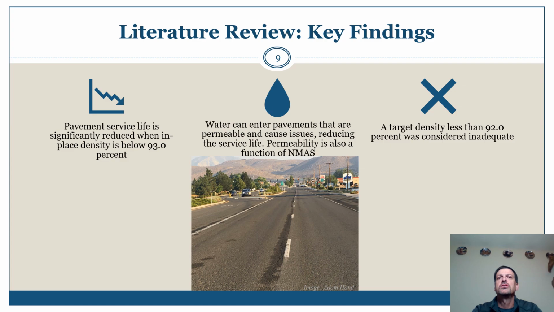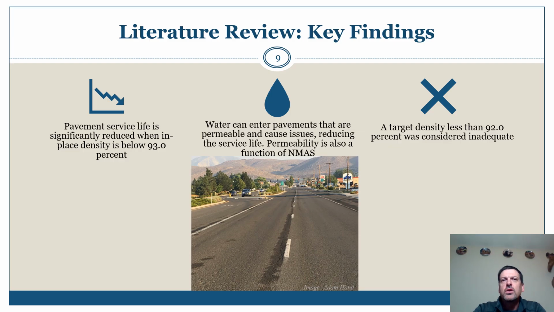The literature also shows that if you have a target density less than 92%, that density target was considered inadequate. Also, pavement service lives decrease significantly when densities are below 93%.